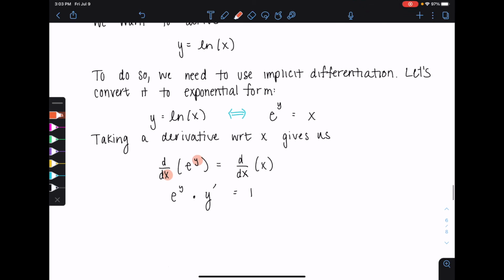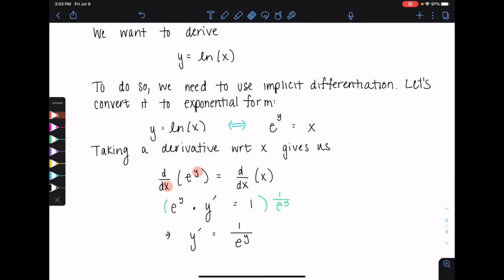Okay. This is the quantity I want to solve for, so what we can do is go ahead and multiply both sides by 1 over e to the y. So like we're dividing by e to the y. That ultimately gives us y prime is 1 over e to the y. But I want my derivative to deal with x. I've got y prime, I've got y as a function of x.